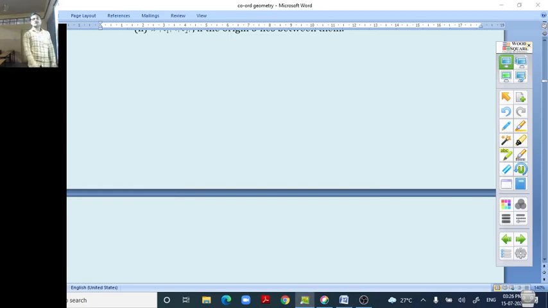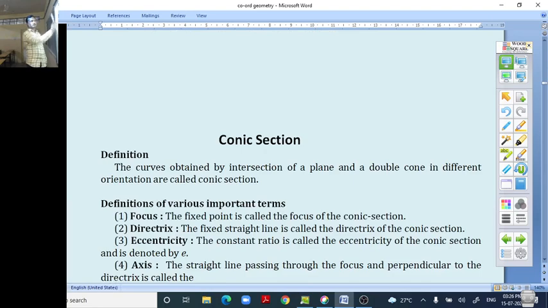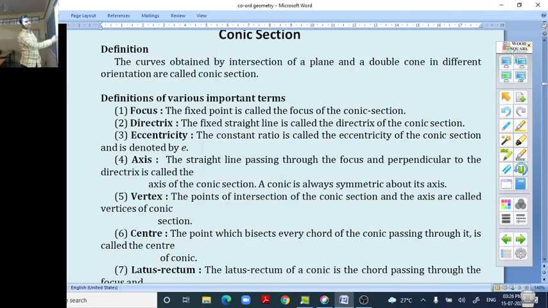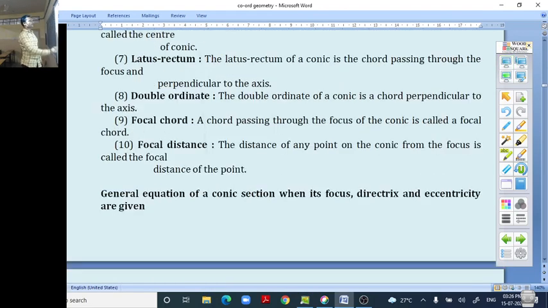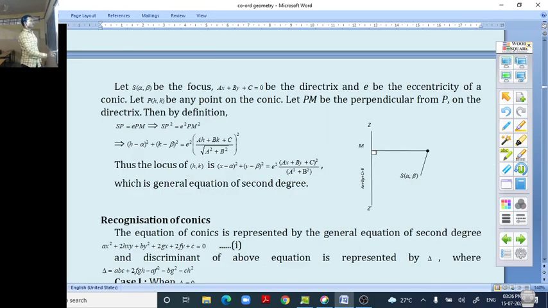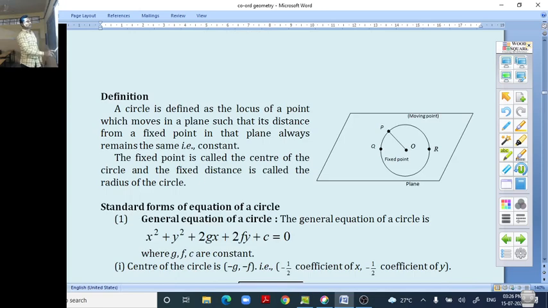In this one, we will study thoroughly the circle, the first part of the conic sections. So the definition of the circle is written here.